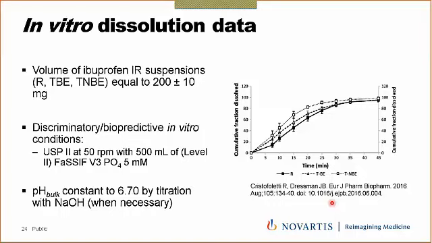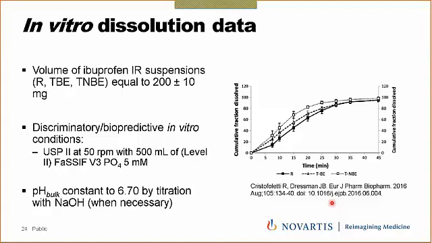And the in vitro condition used here to provide enough discriminatory power was with a USP 2 apparatus at 50 RPM using an experimental version of FaSSIF named FaSSIF version 3 and reduced concentration of phosphates to actually better match the buffer capacity that is observed in human aspirates.